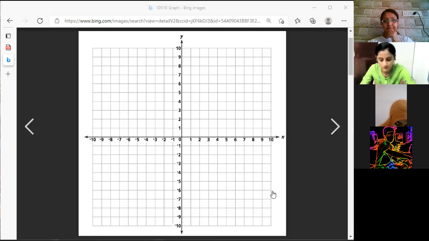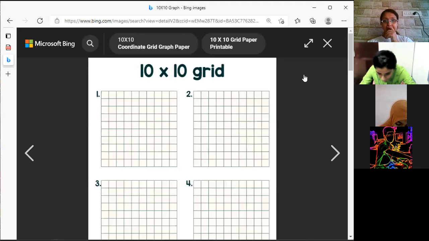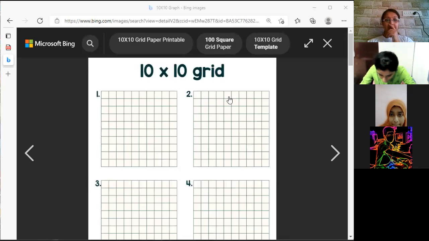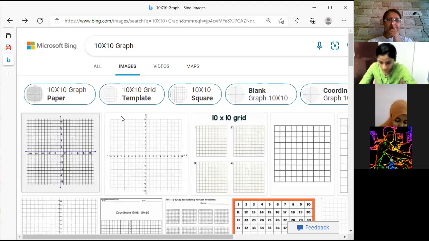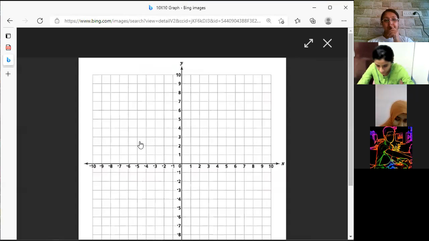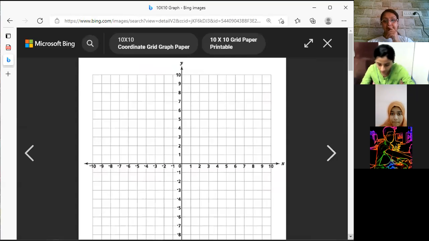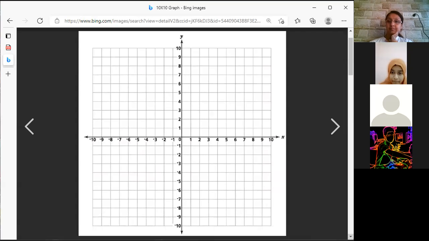Okay. Oh, where is that grid gone? Can we start, bacha? Is it done?